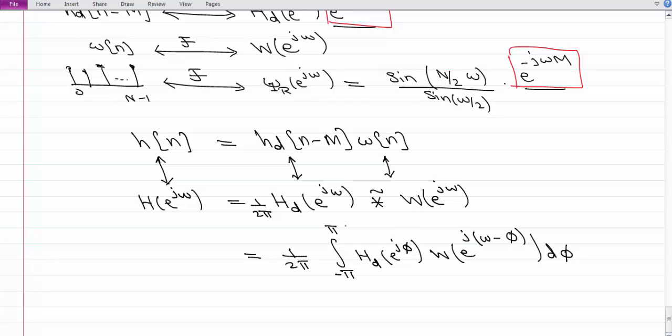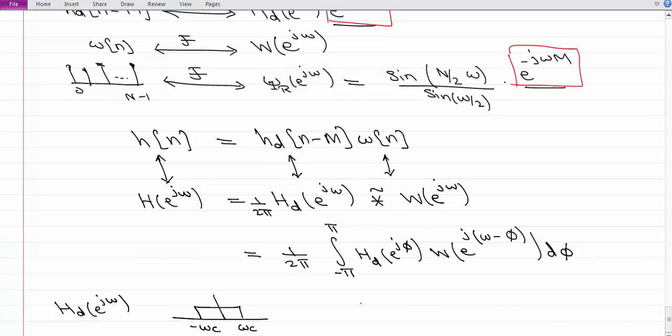So what is happening here is, let's take the case of a low pass filter. So your H_d(e^{j omega}) was this ideal low pass filter with cutoff of omega c, and then the Fourier transform of your window function has this sinc-like shape.